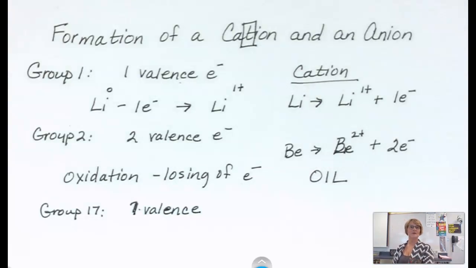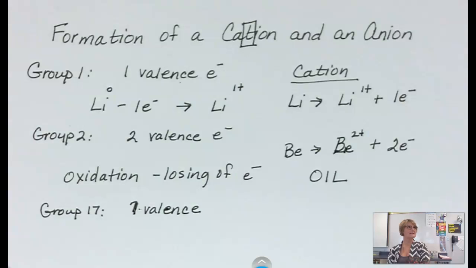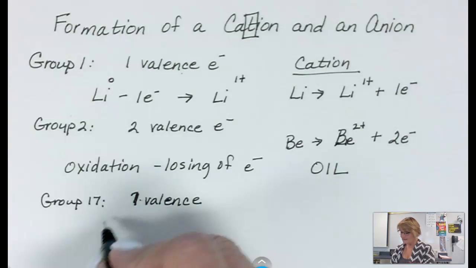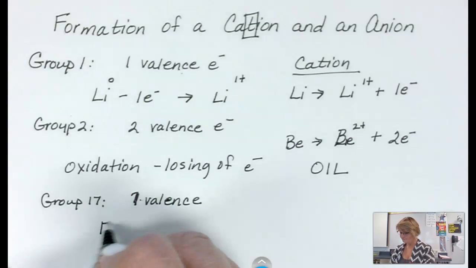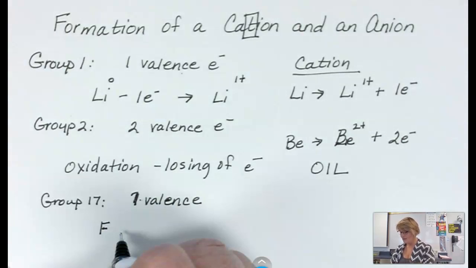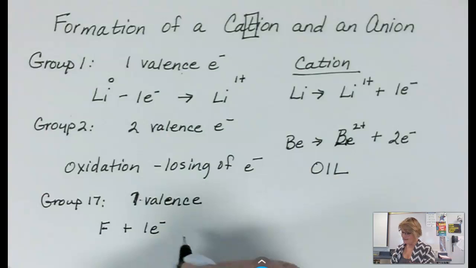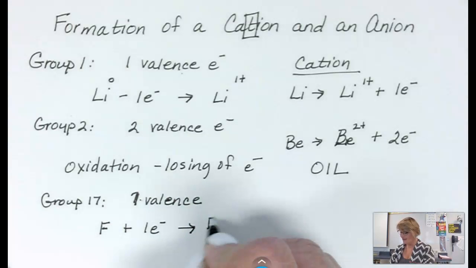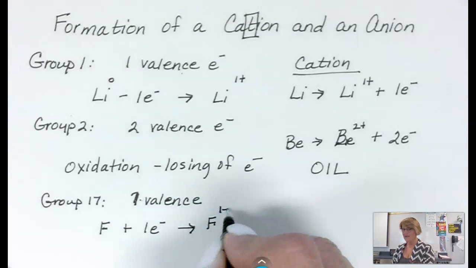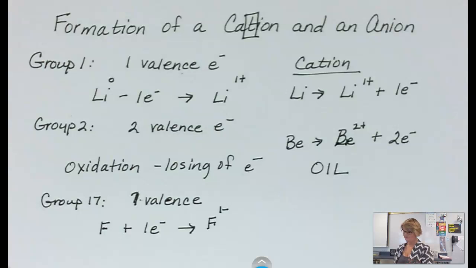In order for them to fulfill the octet, they would either have to lose their 7 or they would need to gain 1 to be a noble gas formation. It's going to be a lot easier for them to gain an electron. So if I take fluorine, the neutral atom, it wants to gain one electron. When it gains that electron, it is now fluorine with a 1 minus charge.